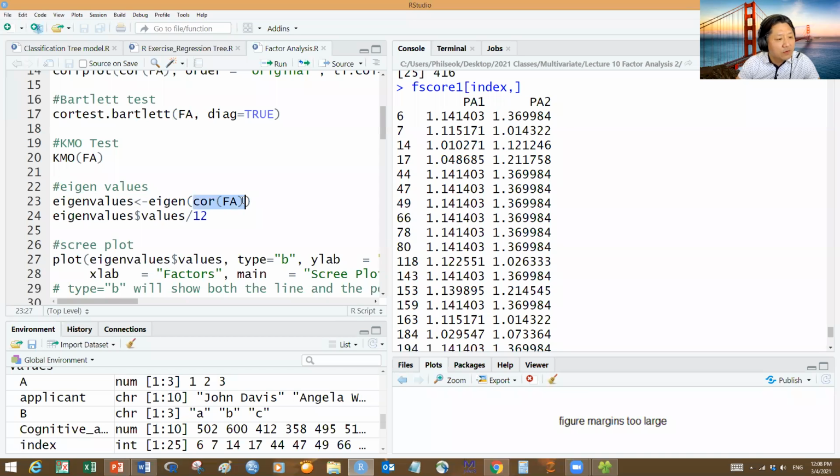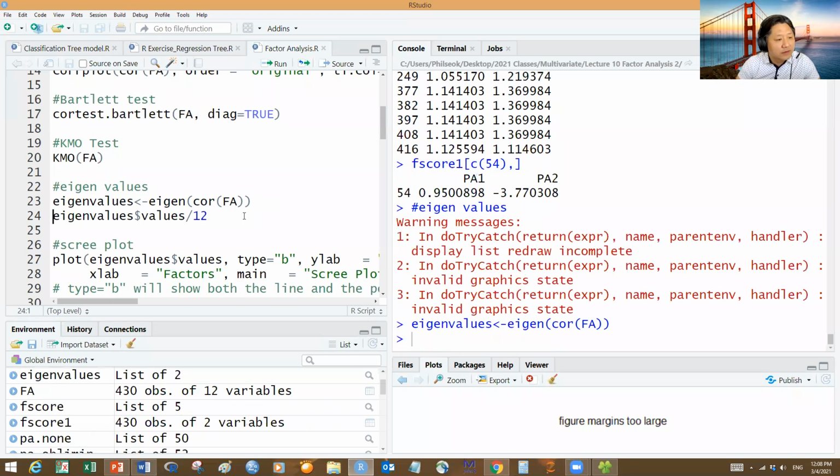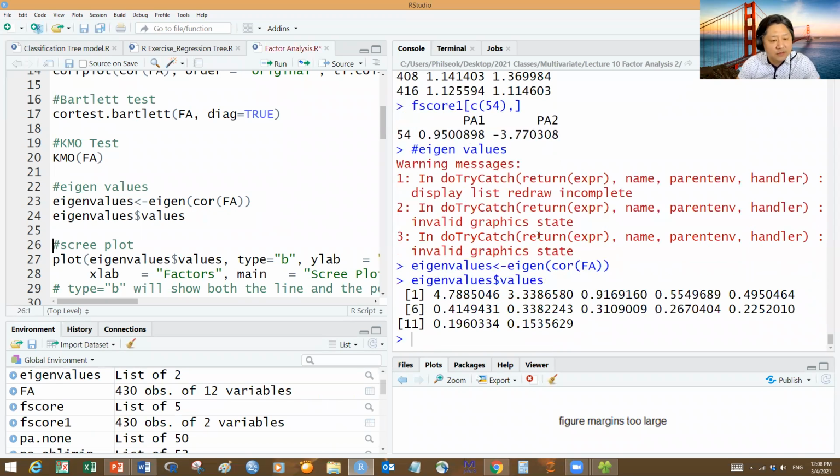We can test using the correlation matrix and test the eigenvalues. These are our eigenvalues. We can see very high eigenvalues for the first 2 factors. That means probably these 2 factors will explain most of the common variance.